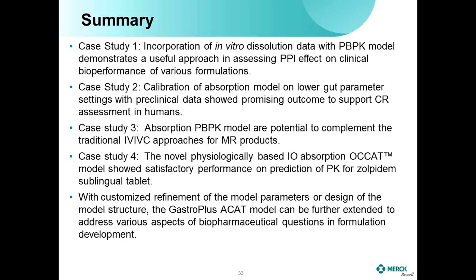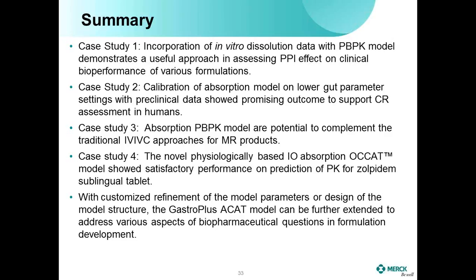The last case example was mainly about novel physiologically based oral absorption modeling for Zolpidem sublingual tablets.